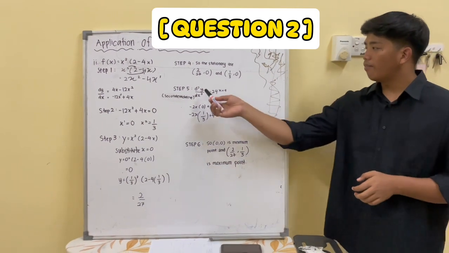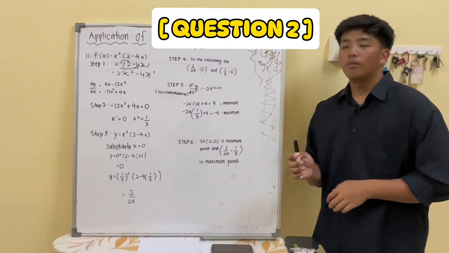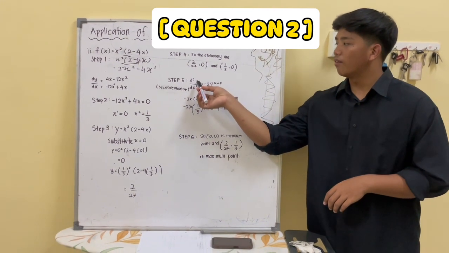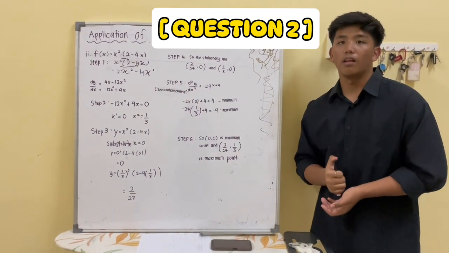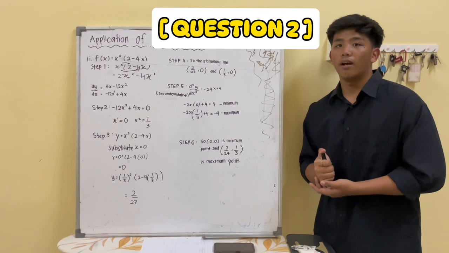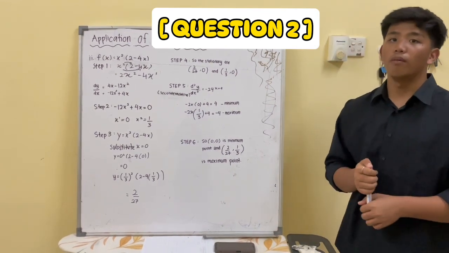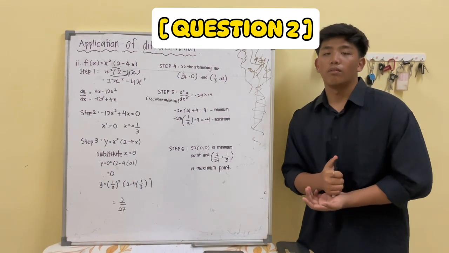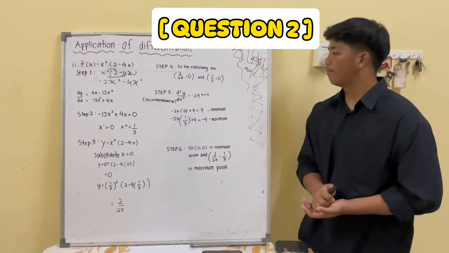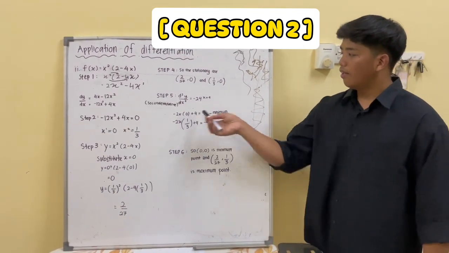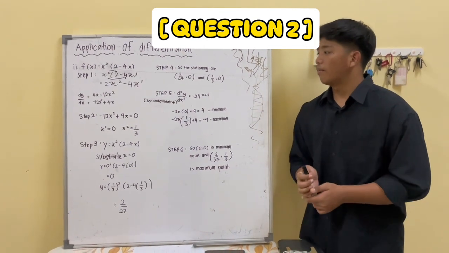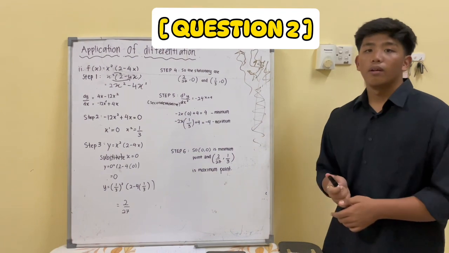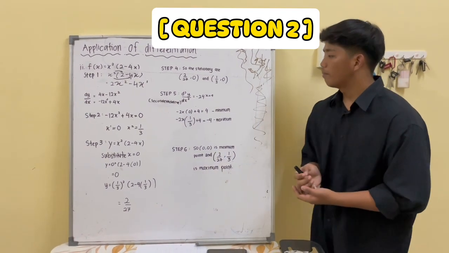We go to step 5. We have to find the second derivative and we use the formula d²y/dx² equals minus 24x plus 4. And then minus 24 multiply 0 plus 4 equals 4. In value we get minimum.